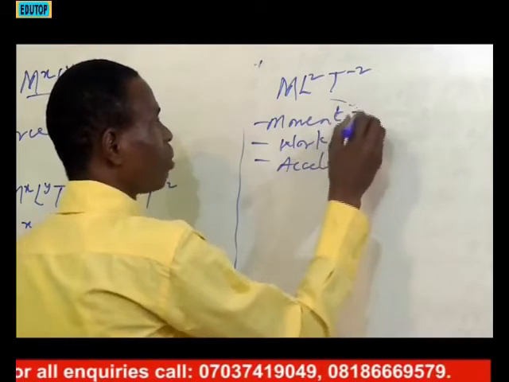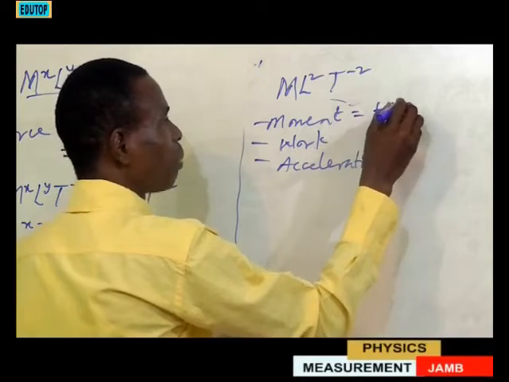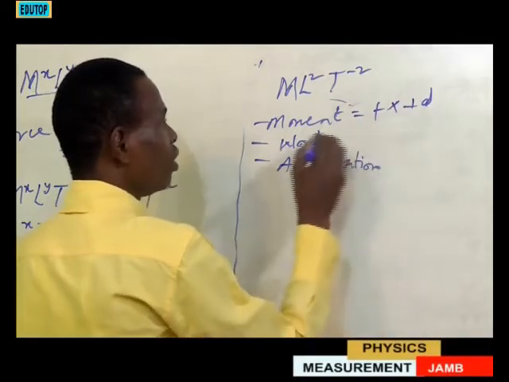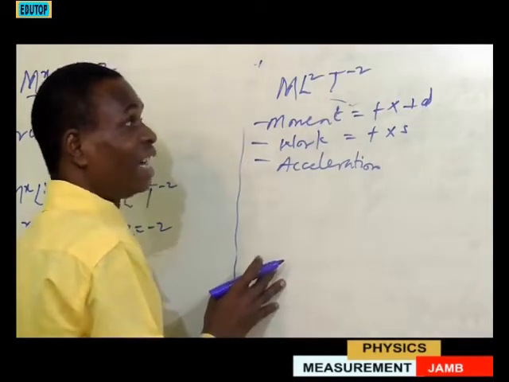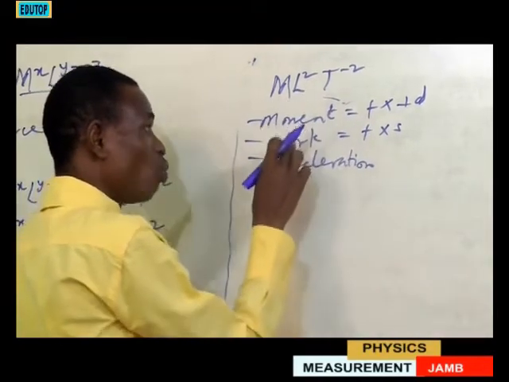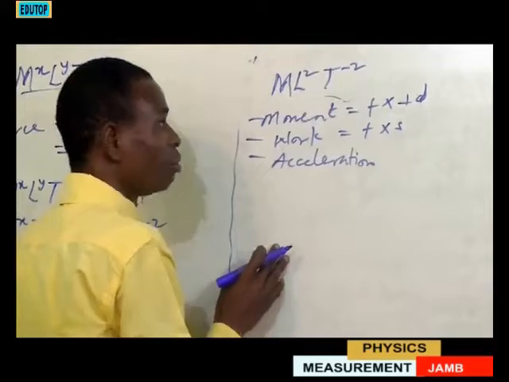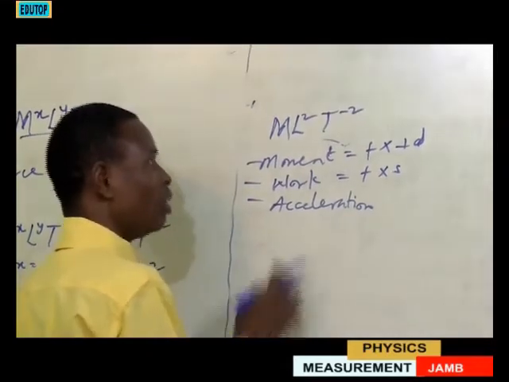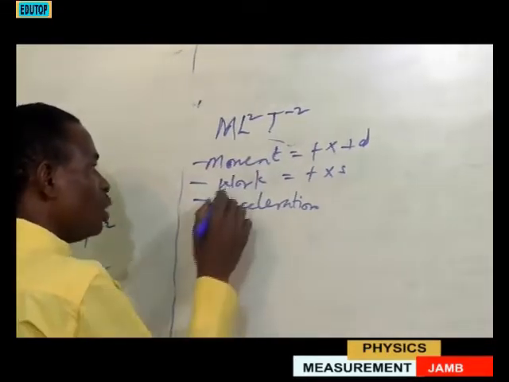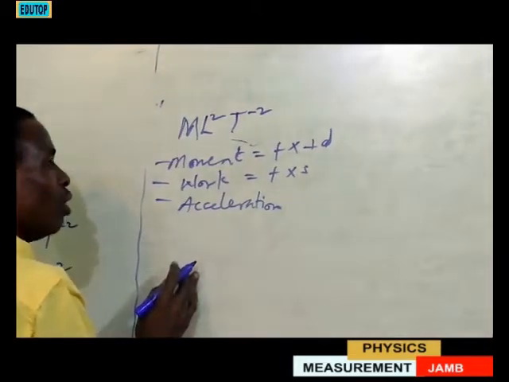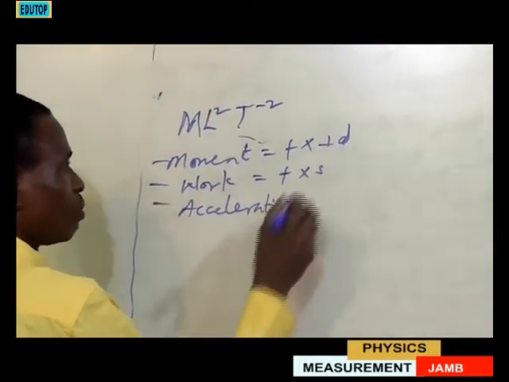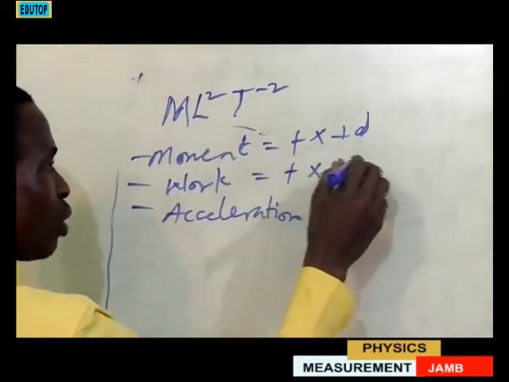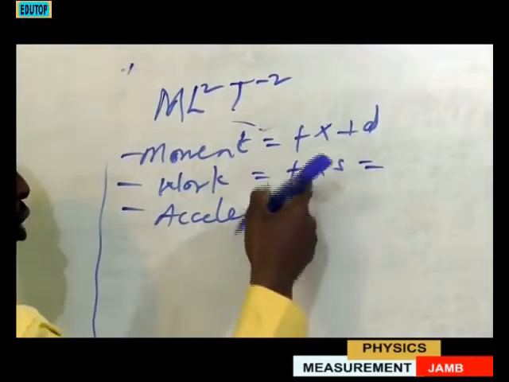For moments, it is force times perpendicular distance. For work, it's the same thing. Can you see what I'm talking about now? I told you that moment and work, they have the same dimension. So don't disturb yourself. Once you have seen moment, you have seen work. So let's quickly write the dimension of work out. Let me take that of work for our illustration.